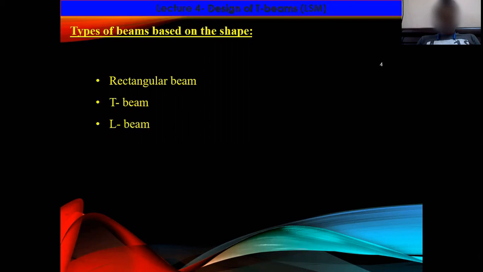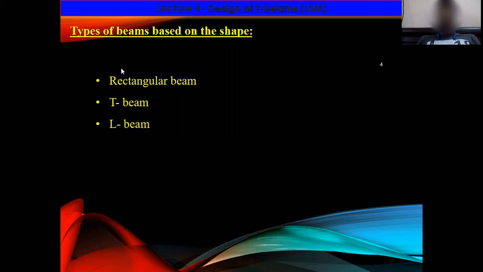So if you provide the reinforcement in the compression zone, then the moment carrying capacity of that member will increase, right?